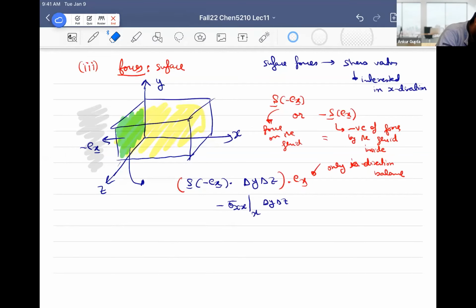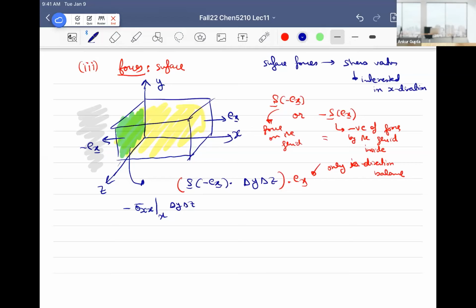This part is this. I hope you can see that on the other side my normal will be plus Ex, because it points into the fluid outside, and that goes on the fluid.